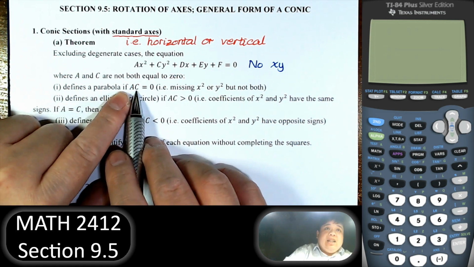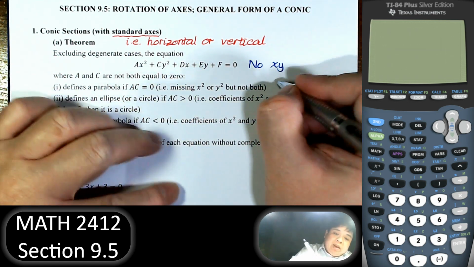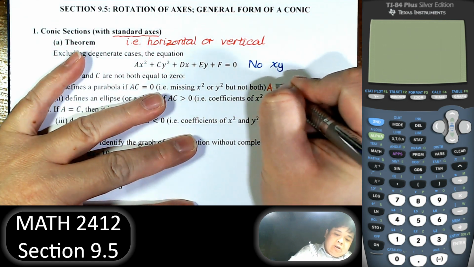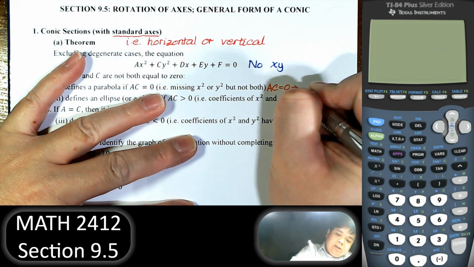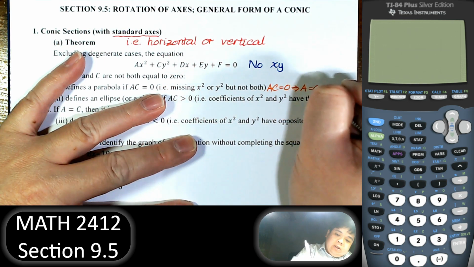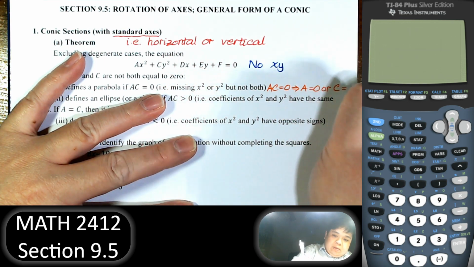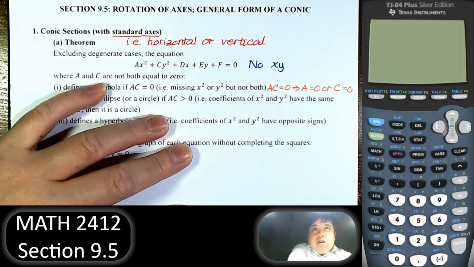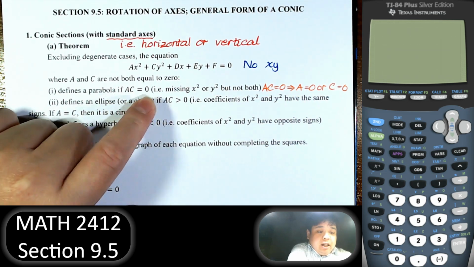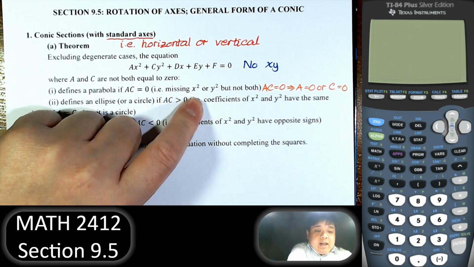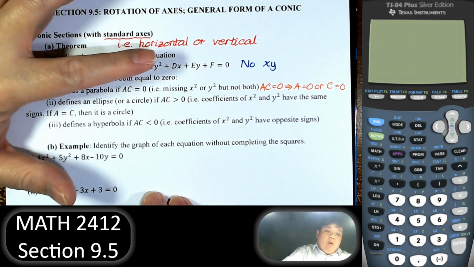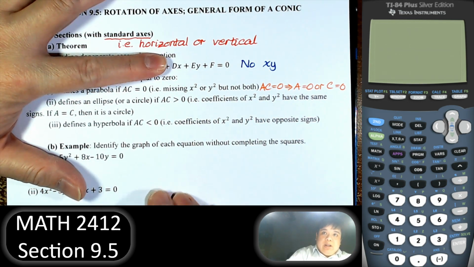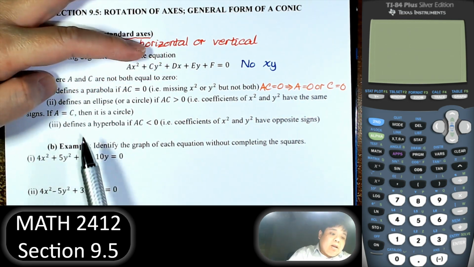A times C equal to 0 implies A is equal to 0 or C equal to 0. So if one of them equals 0, A or C equal to 0, then it is a parabola. But if both of them equal 0, then of course that's a line.